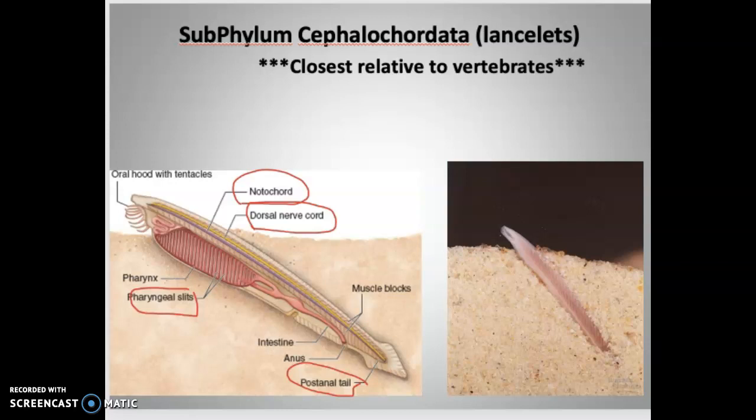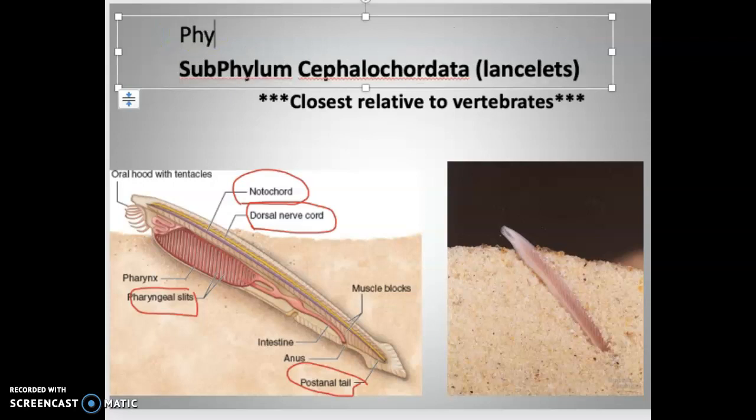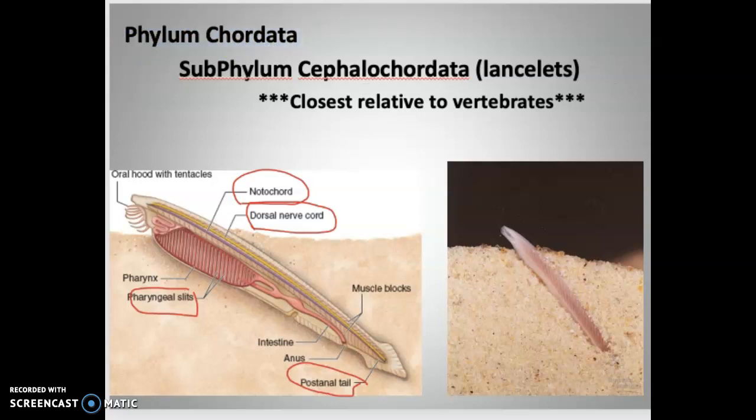This is another subphylum underneath phylum Chordata. So let me move that down just to... So there's phylum Chordata, and then you have subphylum Cephalochordata.